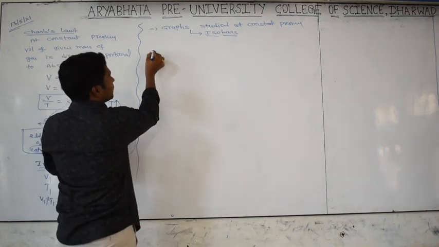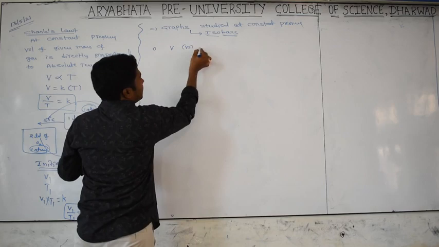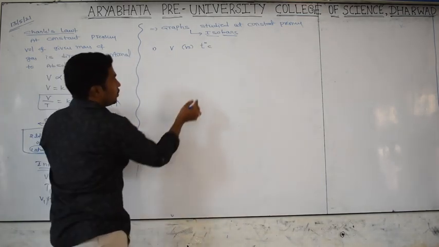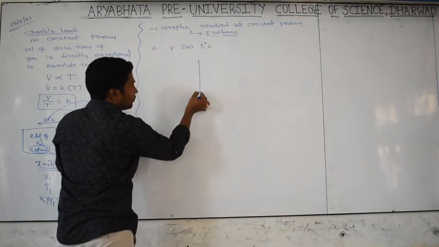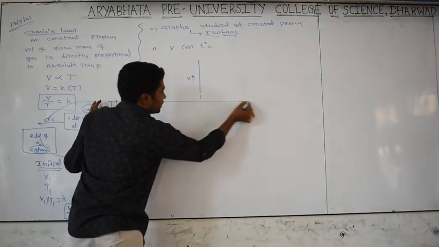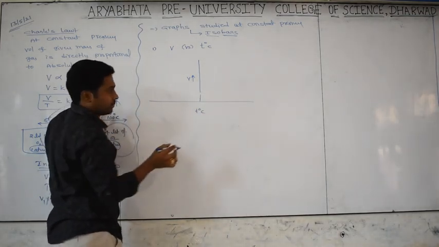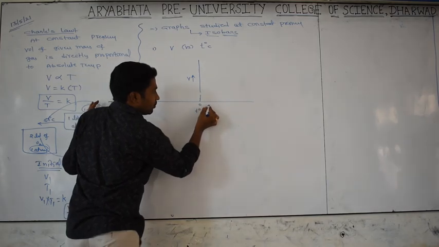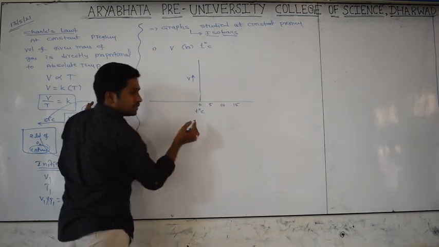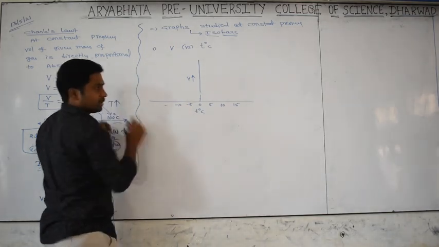Okay, the first graph is volume versus temperature in degrees Celsius, a very important graph. I am taking volume on the y-axis and temperature on the x-axis. On the x-axis: 0 degrees, then positive values 5, 10, 15 degrees, and so on, and on the other side -5, -10 and so on as the negative values.